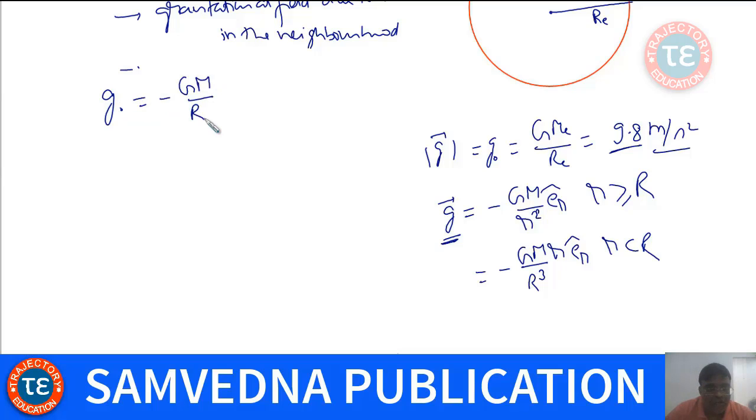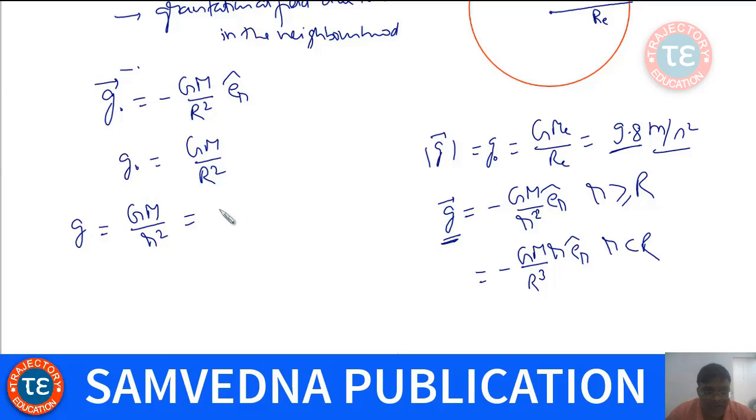Acceleration due to gravity on the surface is minus GM by R square, so if I want the magnitude only, it is GM by R square. The sign only gives you the idea of direction. The magnitude of a vector is taken to be positive.